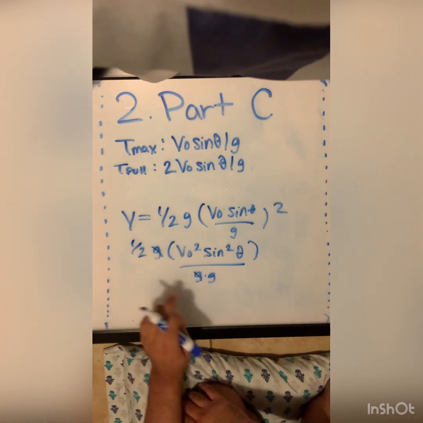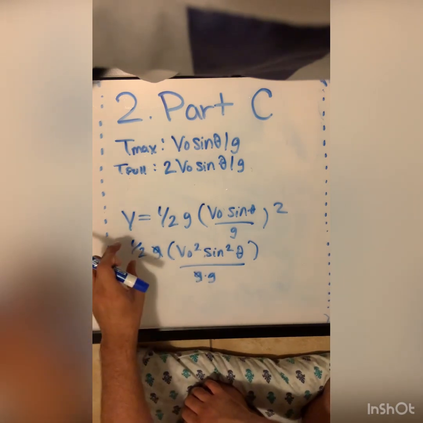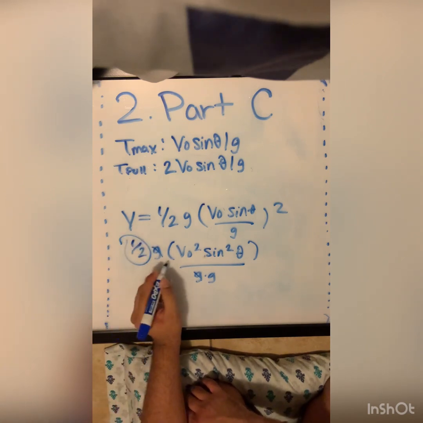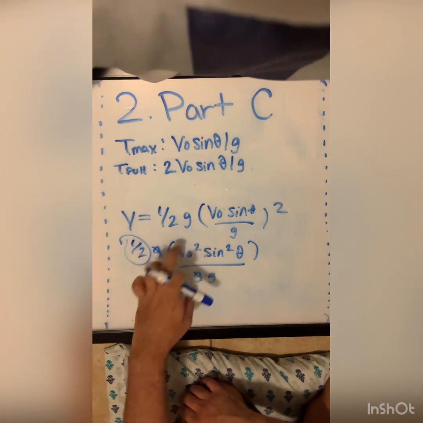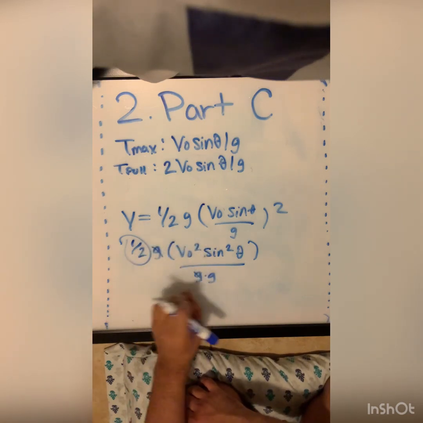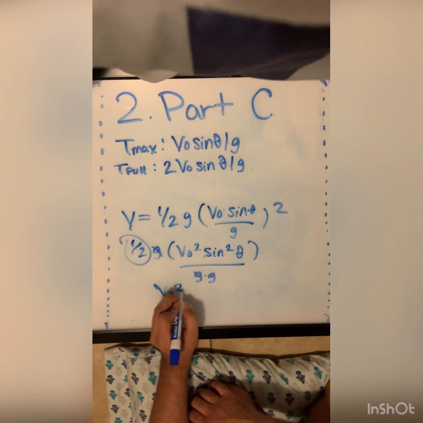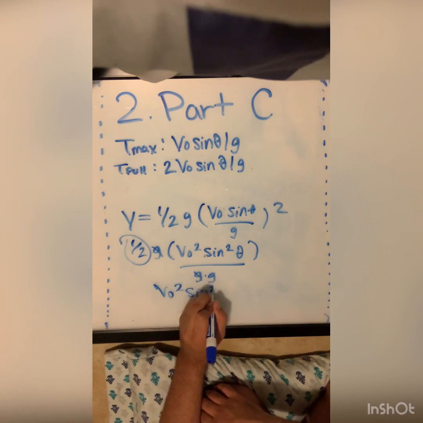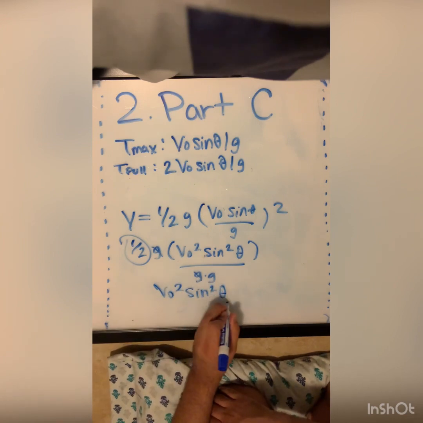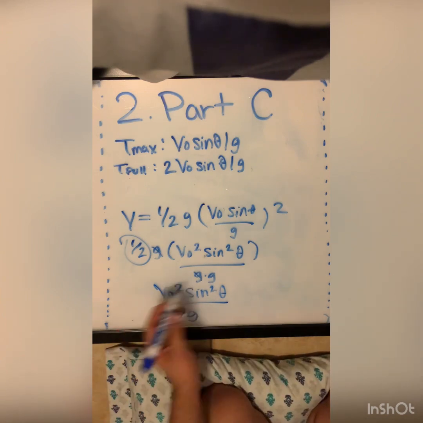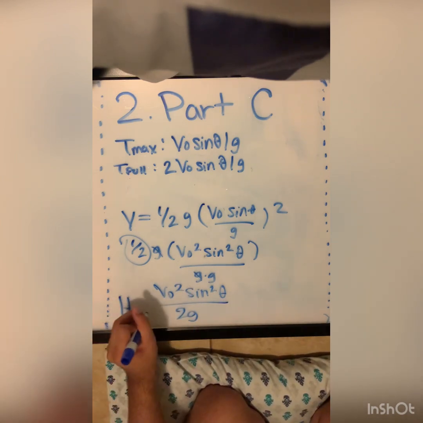One of the g's cancels out, and the half that we have here can incorporate into this fraction. So we have velocity squared times sine squared divided by 2g. And this would be our maximum height.